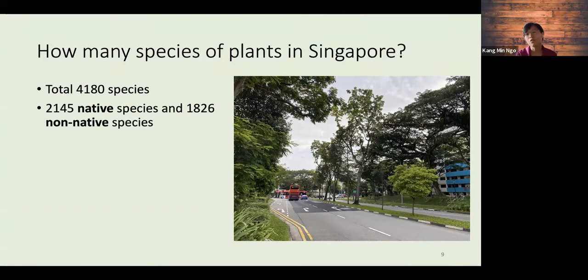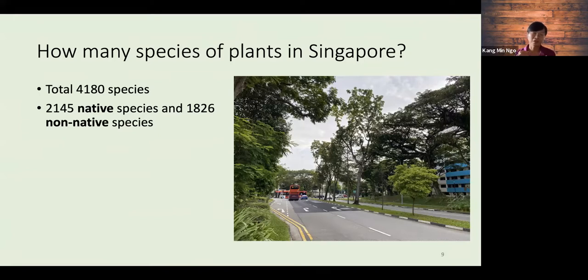And of these 4,000 over species, a bit more than 2,000 of them are native species, and 1,800 of them are non-native species. So native species are species that originated from Singapore or the region. And non-native species are species that were brought around purposely, by humans, artificially. So a lot of these non-native species came in when the British opened up Singapore and made this a trading hub, right?